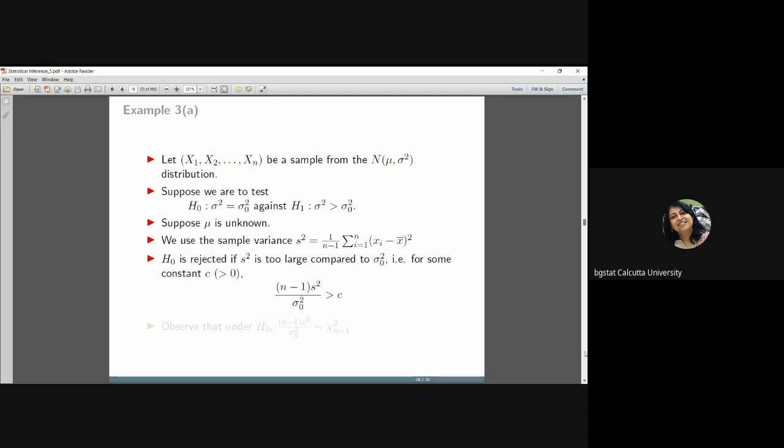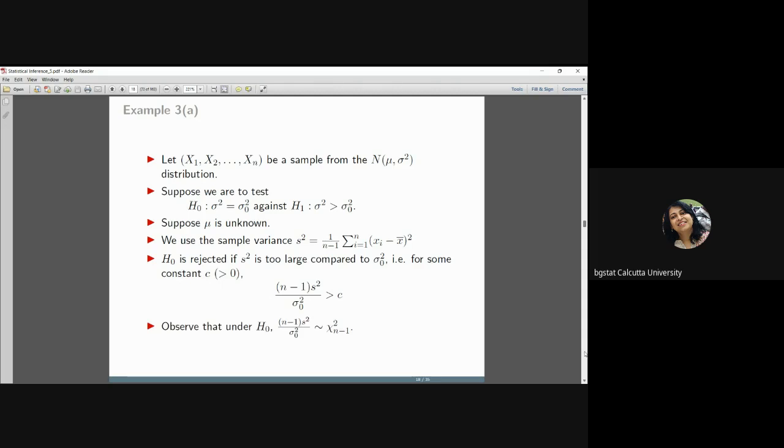So how large? We can multiply by n minus 1. It doesn't really matter. Let's say that we will reject if n minus 1 S squared by sigma naught square is greater than C. So C is the cutoff for the right tail test.